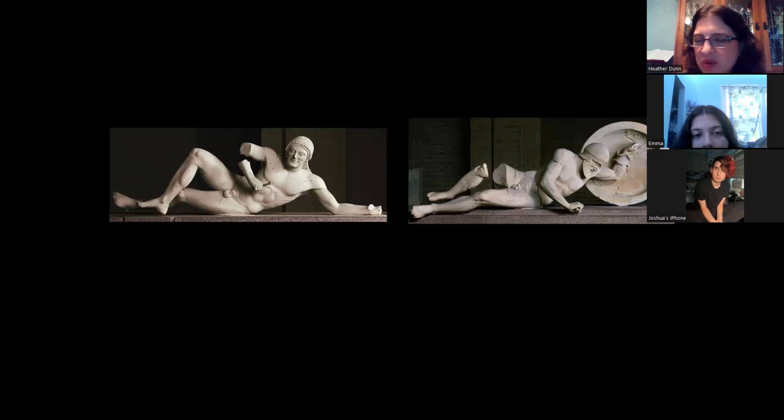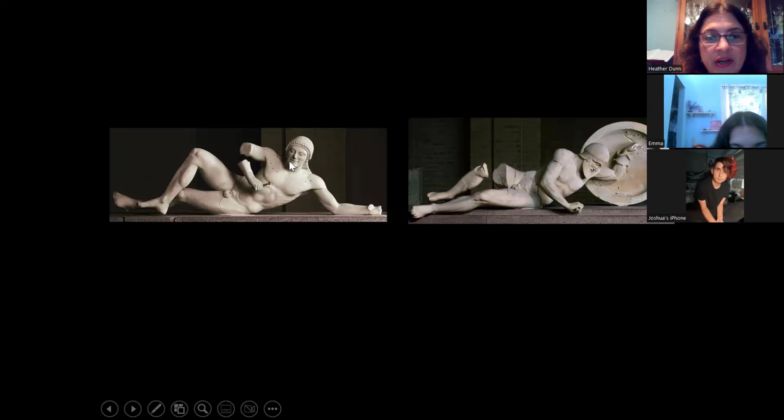We don't really have an expression of extreme pain, but we have a more naturalistic expression between the two. And then we also have facial hair on this guy where we don't have facial hair on this guy. So to me at least, he looks slightly older. He looks slightly younger because of that.